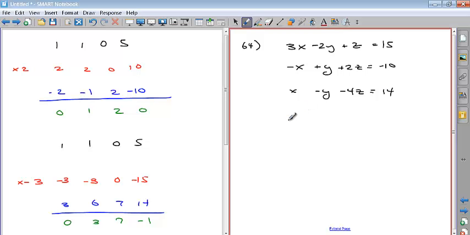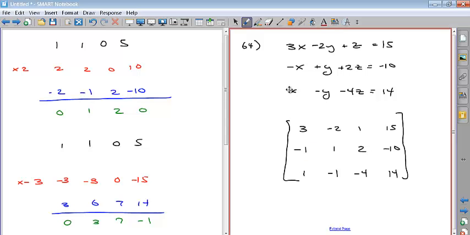So the first thing we do is we write this augmented matrix. 3, negative 2, 1, 15. Next one is negative 1, 1, 2, negative 10. And the final one is going to be 1, negative 1, negative 4, 14.